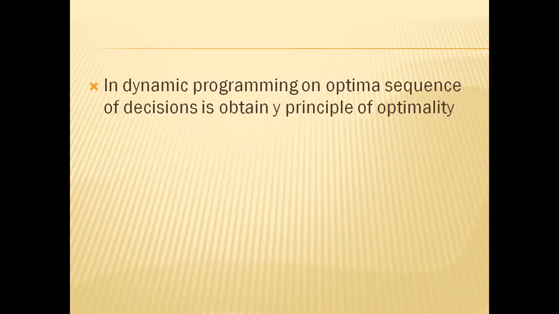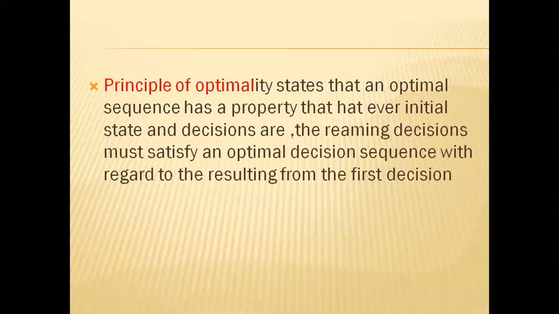So dynamic programming is based on the principle of optimality. What is meant by the principle of optimality? The principle of optimality states that the optimal sequence has a property that whatever the initial stage and decision are, the remaining decisions must form an optimal decision sequence with regard to the state resulting from the first decision. In the greedy method, you do not consider the first, second, or third decision in this way.